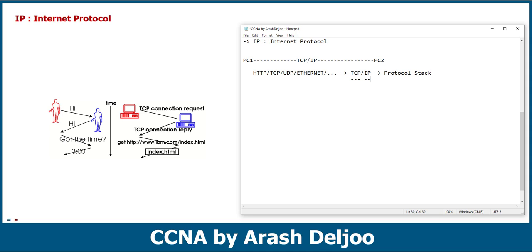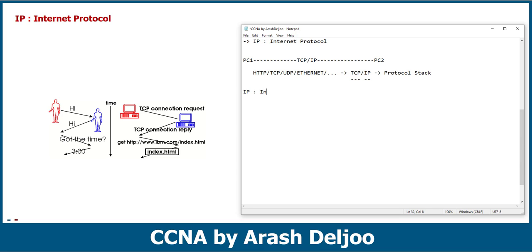And in this TCP/IP network, we have two most important protocols. The first is TCP and the second is IP. Because of that, we call it TCP/IP. Because we are using the TCP/IP rules in our networks, one of the most famous protocols is IP, and because of that we are talking about the IP.